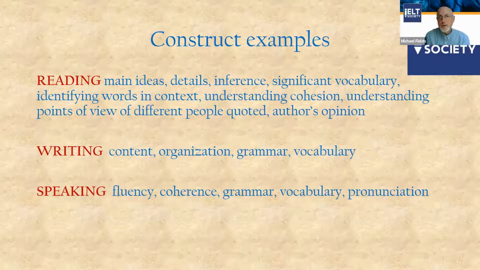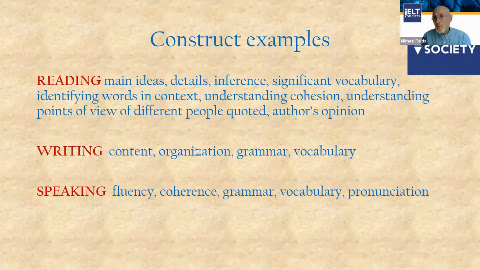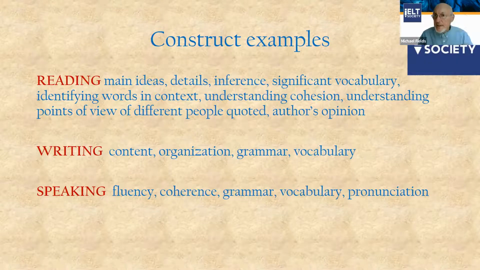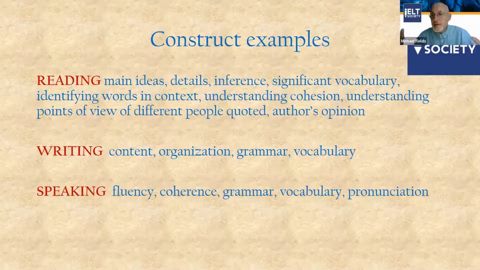I'm just taking a few here. Reading, writing, and speaking. So if we want to test reading, we might be interested in things like reading for main ideas, reading for details, reading for inference, reading and being able to identify significant vocabulary at a certain level. If they're intermediate readers, we might identify what we consider to be significant intermediate vocabulary. Or very different from that, identifying words in context.